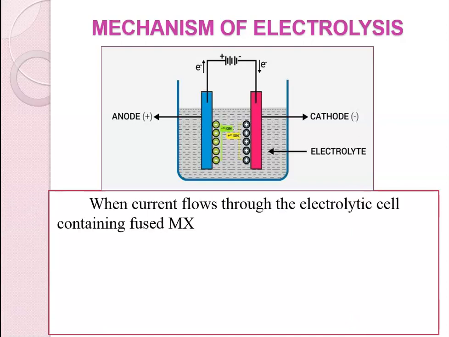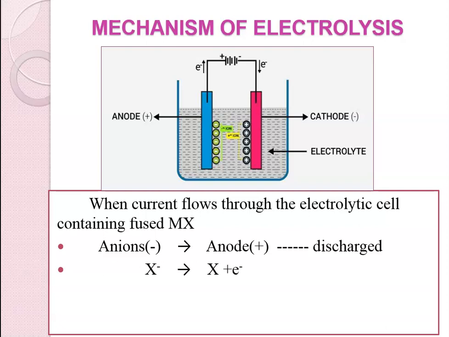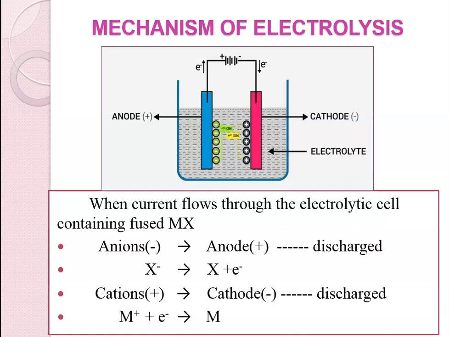When you pass current through this arrangement, what happens? The anions go to the anode. There, they lose the electrons and get discharged. The cations go to the cathode. There, they accept the electrons and get discharged.